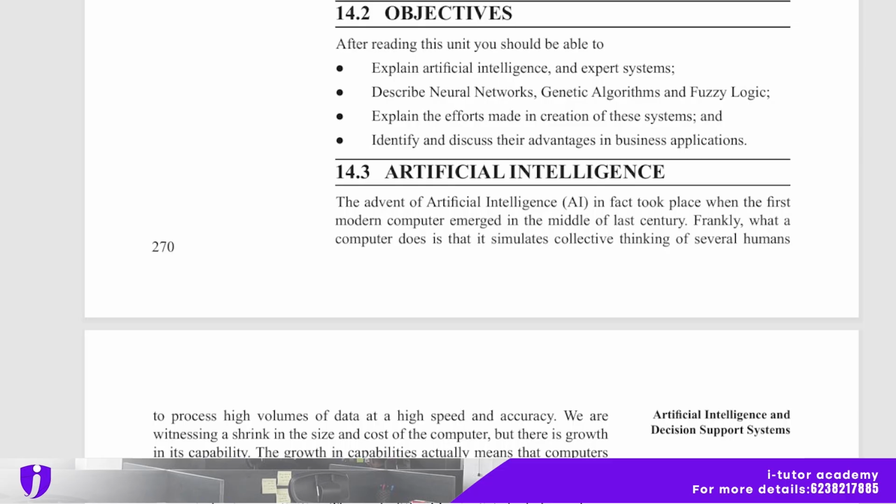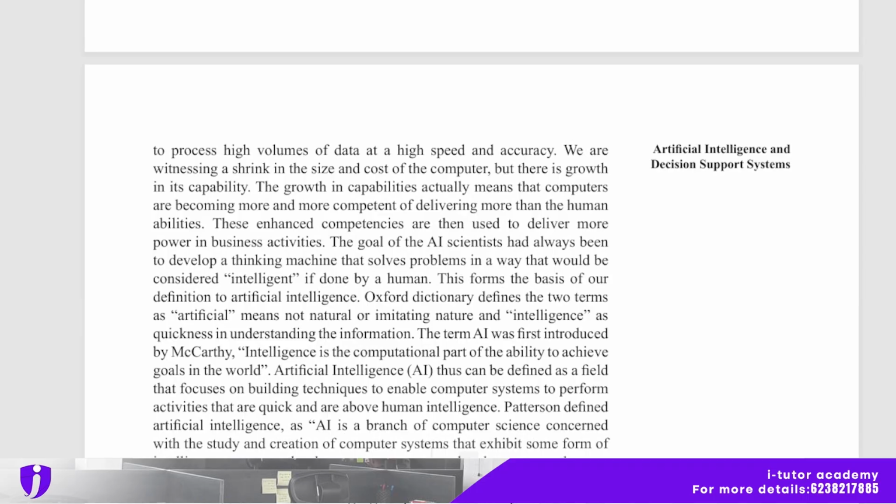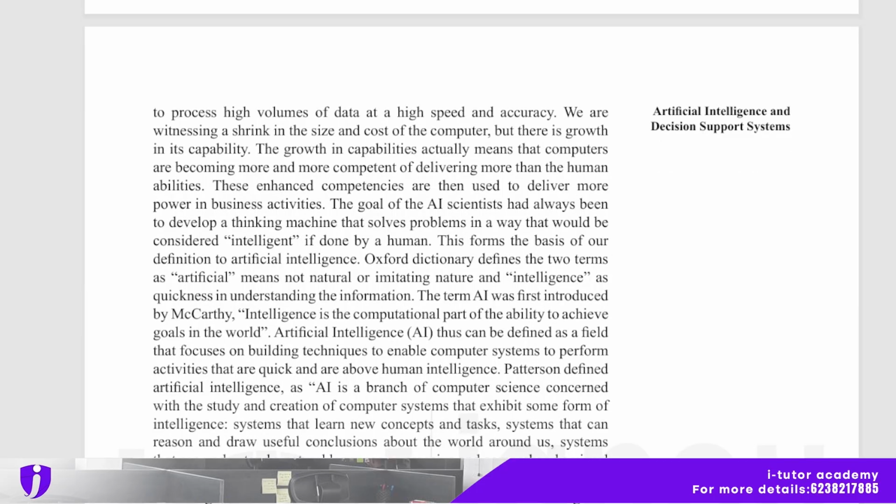Artificial intelligence: the advent of artificial intelligence, in fact, took place when the first modern computer emerged in the middle of last century. Frankly, what a computer does is simulate the collective thinking of several humans to process high volumes of data at high speed and accuracy.